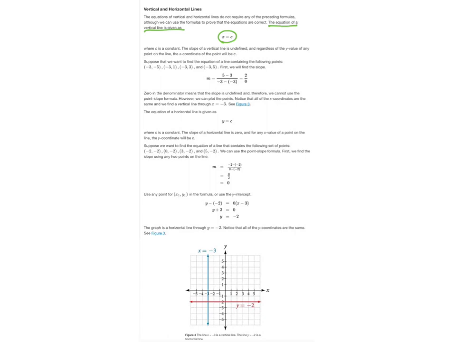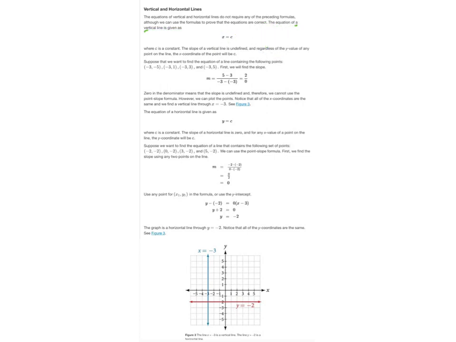So what that's saying is this line crosses the x-axis at some value where x equals c. Questions on that?